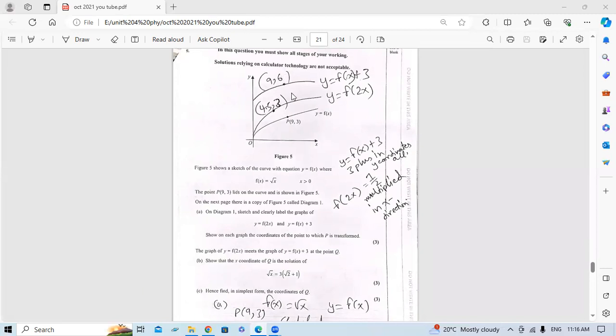And the graphs of f(2x) and f(x) plus 3 will be this: f(2x) passes through (4.5, 3), and f(x) plus 3 will have coordinates (9, 6).